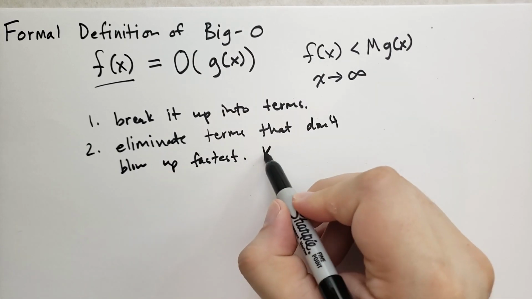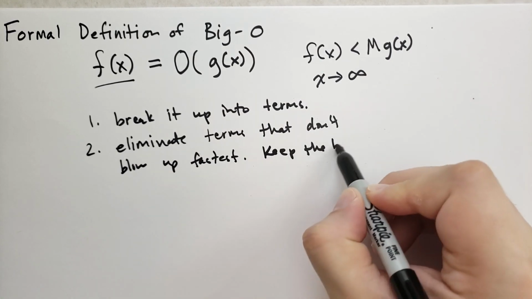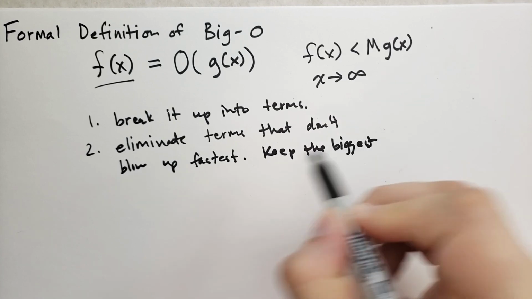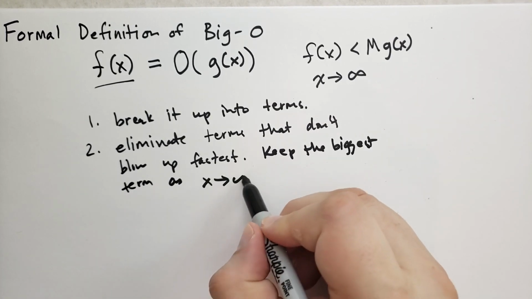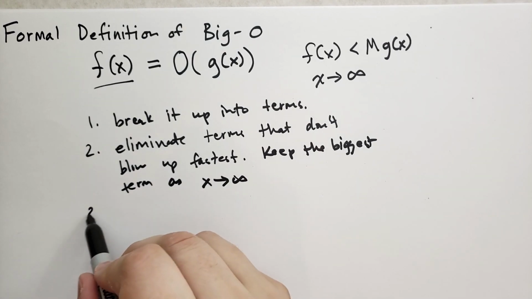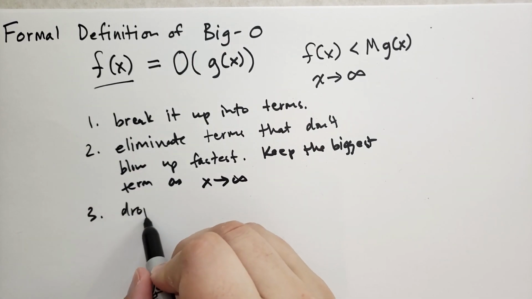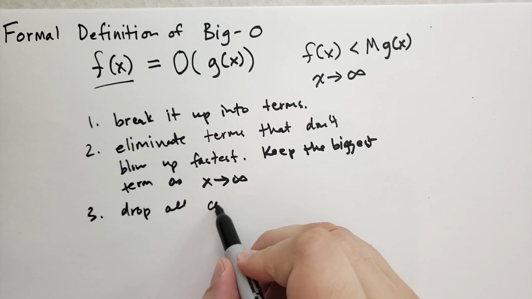Or in other words, you just keep the biggest term as x goes to infinity. Okay? And then finally, we drop all constant coefficients.